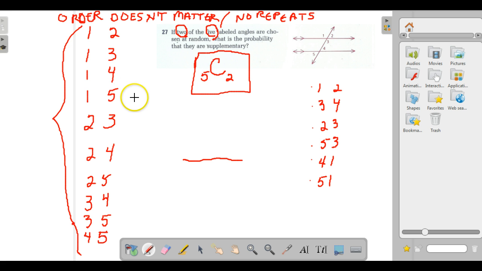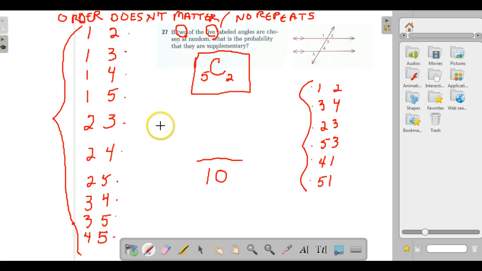This is actually what we call counting, where we're counting all the possible outcomes of choosing 2 out of the 5 angles. So how many possible outcomes are there? 1, 2, 3, 4, 5, 6, 7, 8, 9, 10. There's 10 possible outcomes, and that's what goes in the denominator of our problem.